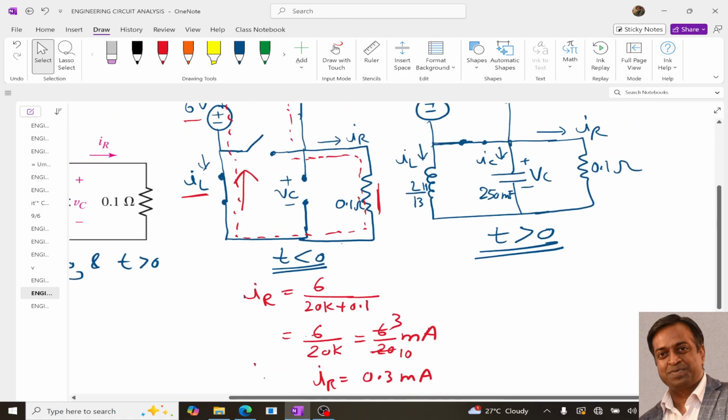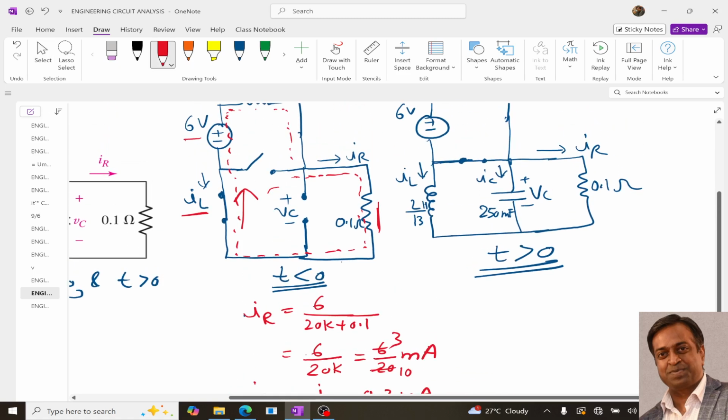Similarly, if we want to determine the voltage across the capacitor at t equals 0 minus, it will be the voltage drop across this 0.1 ohm.